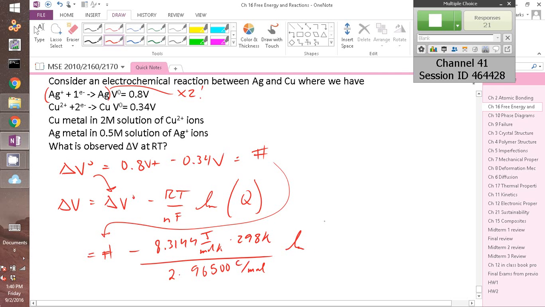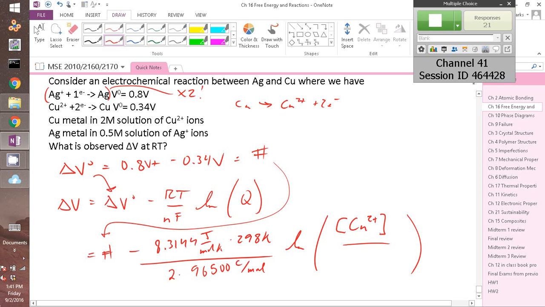Multiplied by the natural log of what will this be? What's Q? It's going to be products over reactants. Our copper got switched. We've got copper 2 plus ions plus 2 electrons, right? So what are the 2 products of this reaction? Silver metal, we ignore it, it's a metal, it's a solid, and copper, the oxidized species, which in this case is copper 2 plus. So we're going to say the concentration of copper 2 plus.